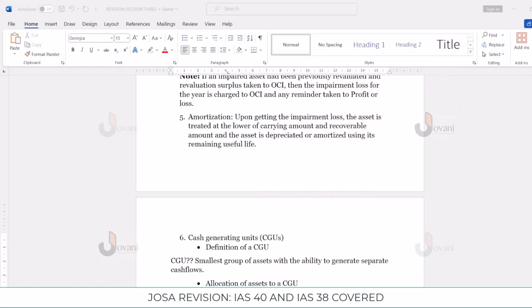No. Since this head office serves other offices in the country, it cannot qualify to be a CGU.